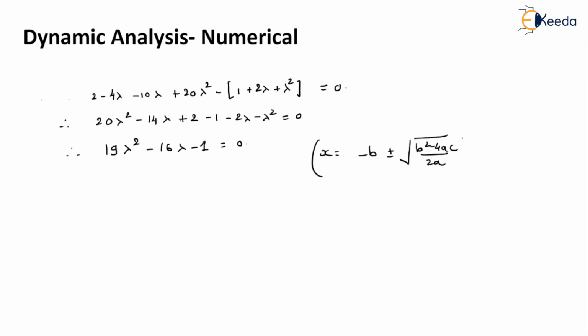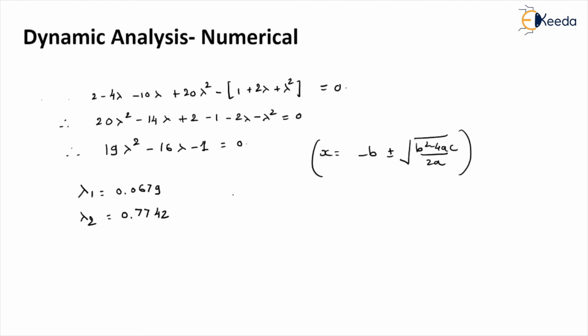So if we apply this rule, we will have the different values of eigenvalue called lambda 1, which is a positive value 0.0679, and lambda 2, the second positive value, would be 0.7742.